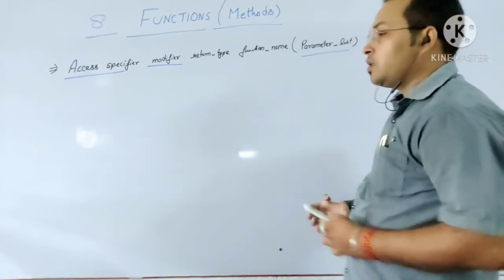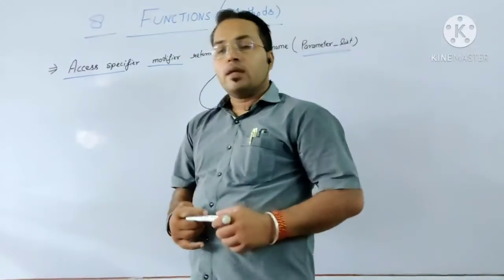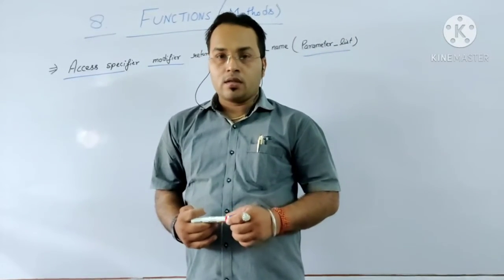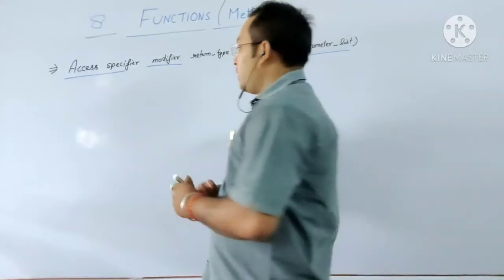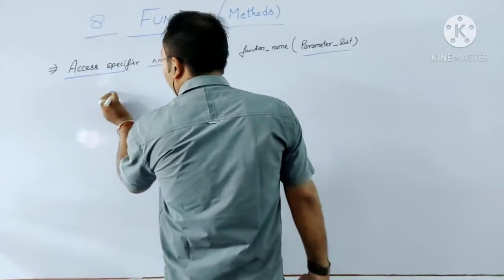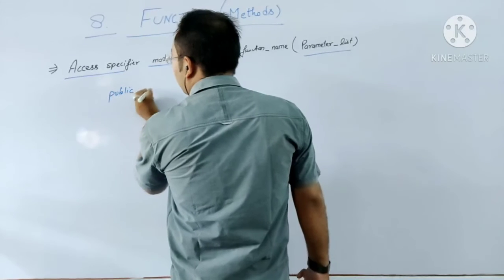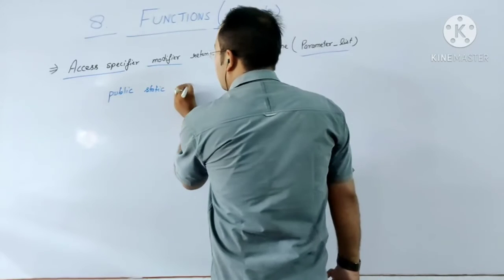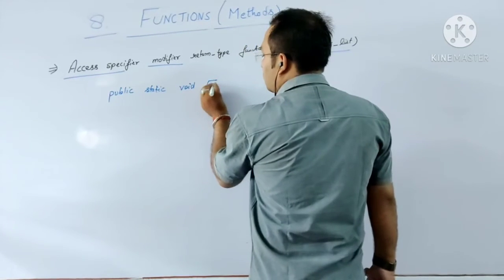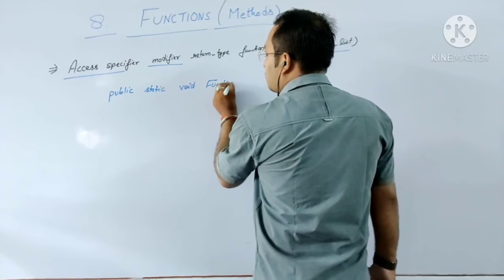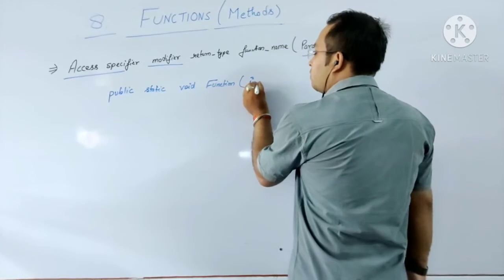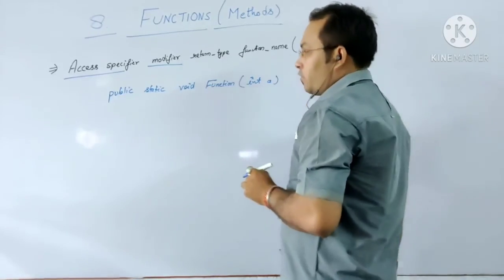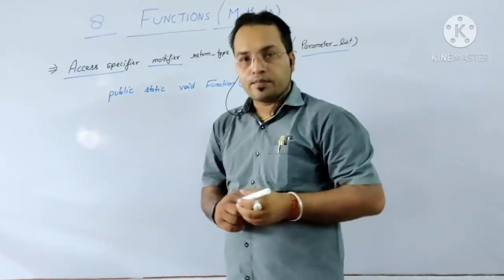So this is the function or method definition. It is written like this: public static void function, and suppose you have one parameter only. In this way you can declare your function.